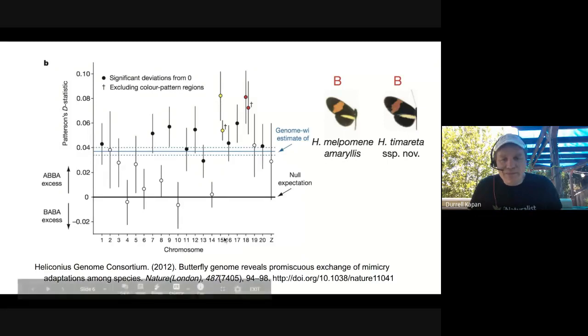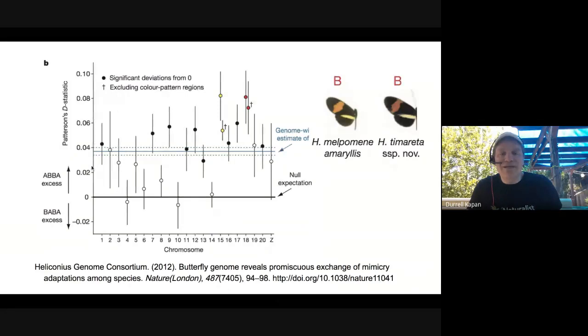And if you look at the number 15, and it's hard to quite see, but it should be number 17, the location of both the genes that are for the lack of melanin on the hind wing that creates this little yellow bar, or the forewing dark red patch, show up as being highly differentiated for Patterson's D. And you can see that in this case, it's an ABBA excess, and what we're saying is that both Melpomene amaryllis and Timareta are sharing genes. So we're done, right? We don't need to do anything.